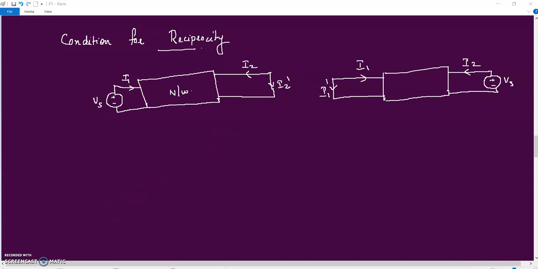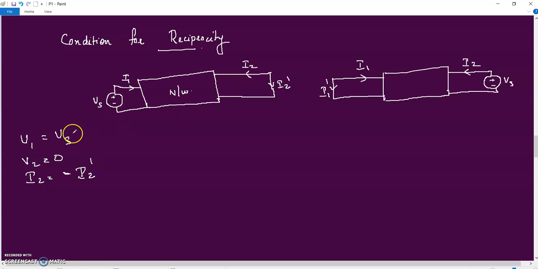We have to prove it. First, we can see the case when the voltage is applied at the input terminal and the current is obtained at the output terminal. So here V1 is equal to Vs, V2 is equal to 0, and I2 is equal to minus I2 dash.